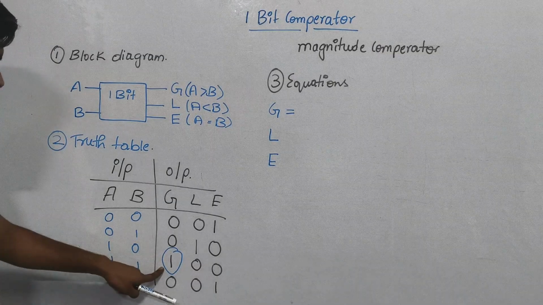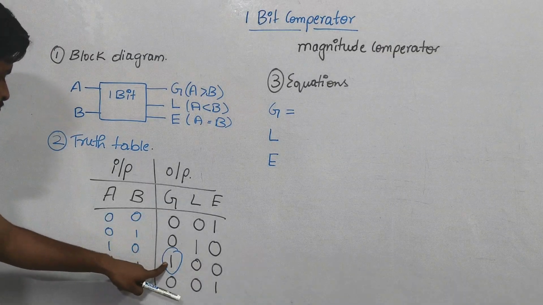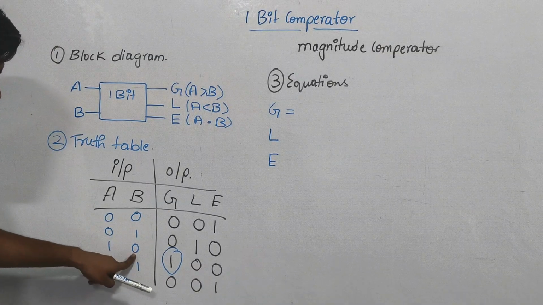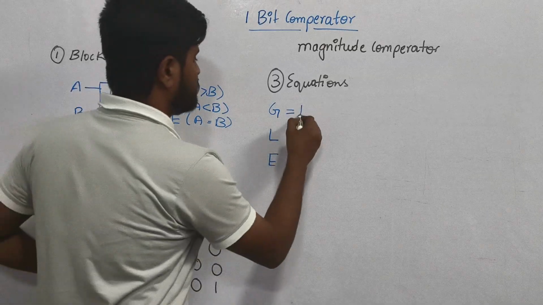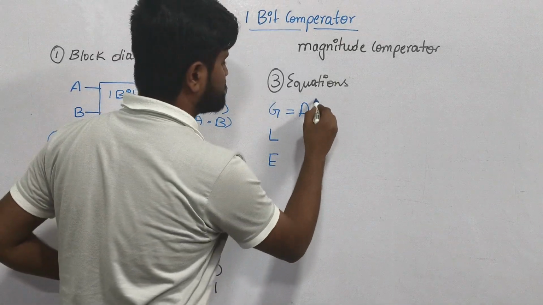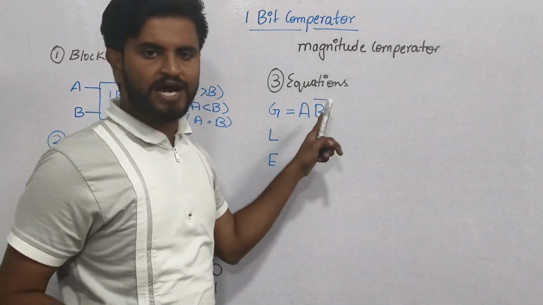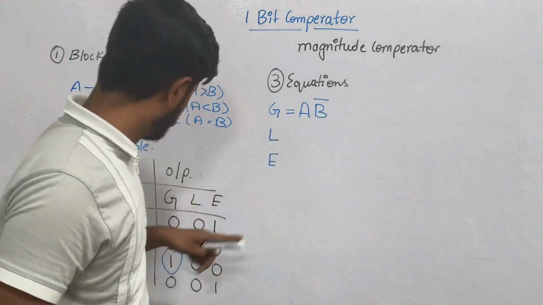When greater is 1, the inputs are A value 1 and B value 0. So I put B bar, because B value is 0 here.